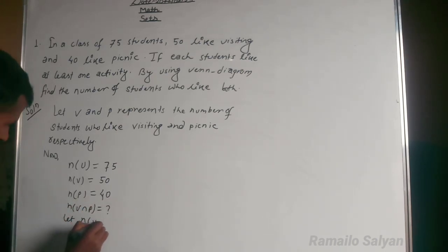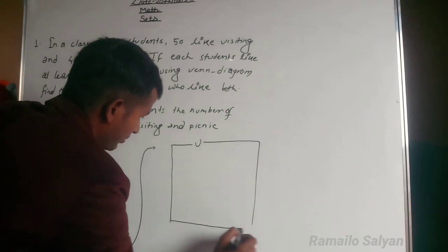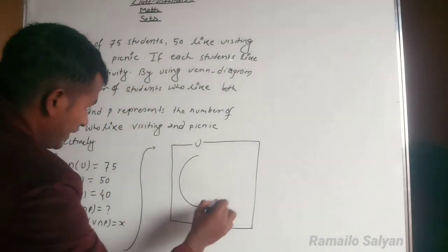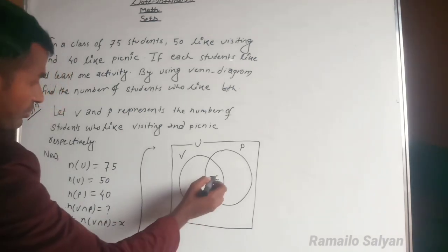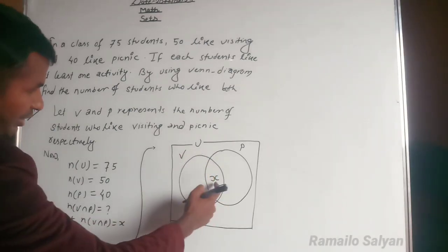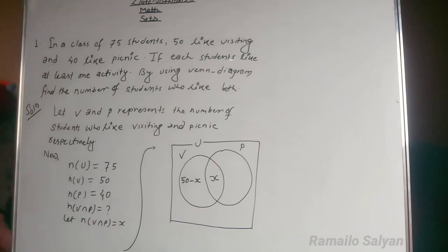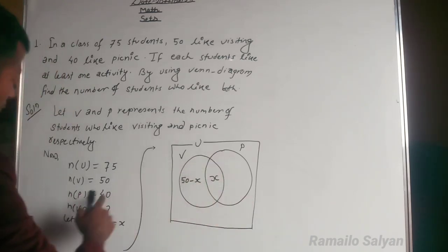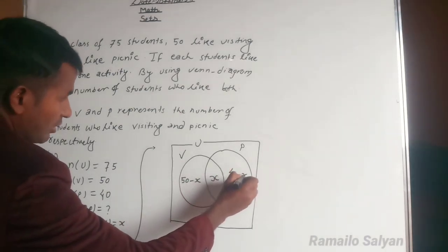Let number of V intersection P equal X. Number of V is 50, meaning the whole region is 50, the intersection is X, so the only region of V is 50 minus X. Total cardinality of P is 40, the intersection is X, so the only region of P is 40 minus X.